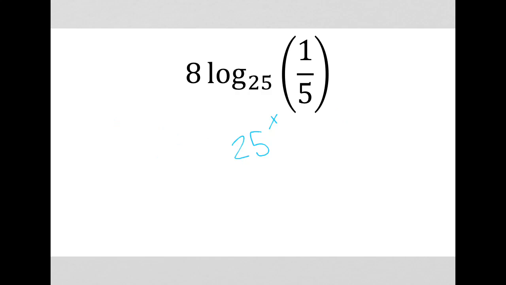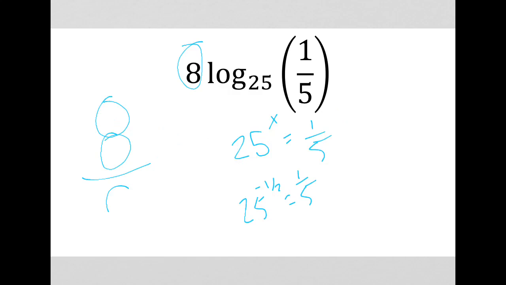25 to what power gives you 1/5? Well, I know that the square root of 25 is 5, so I know that 25 to the 1/2 power gives me 5, so that means that 25 to the negative 1/2 power gives me 1/5. And then I have a times 8 out front, so I get 8 over 5.